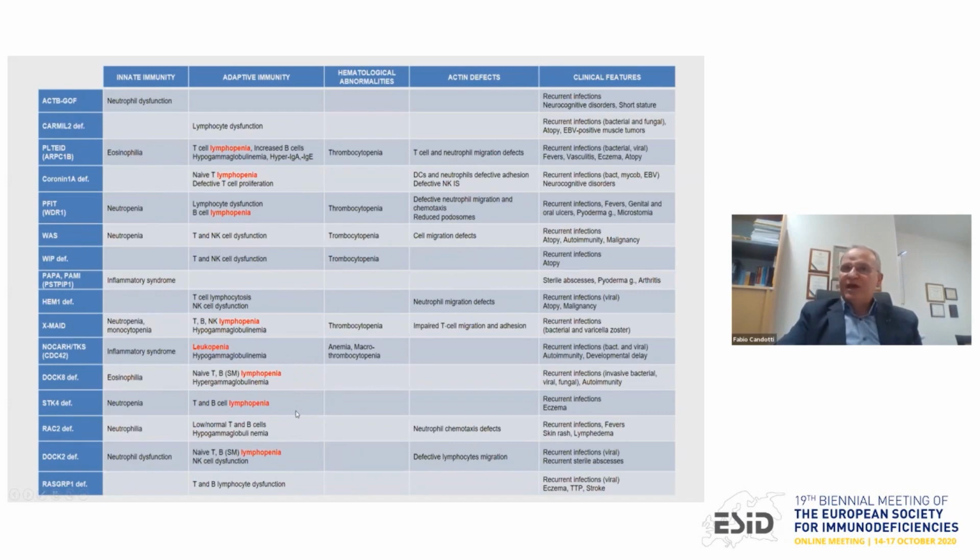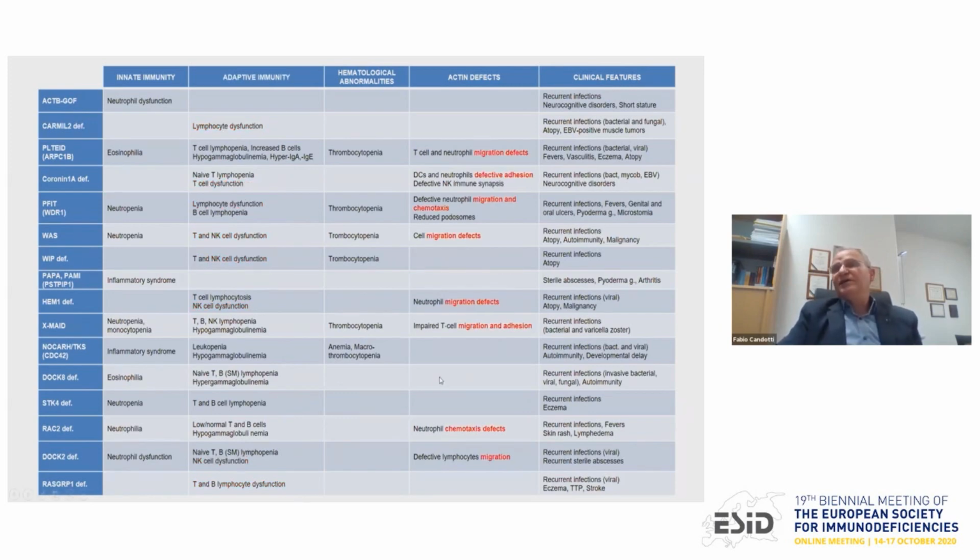Not only is there a reduction in number, but there is very often a dysfunction of lymphocytes, be that a reduction in cell proliferation, defective cytokine production, or a defective formation of the immunological synapse that is mainly seen at the level of NK cells.